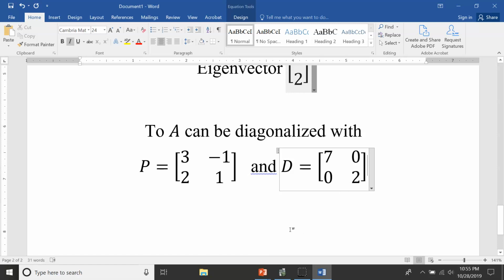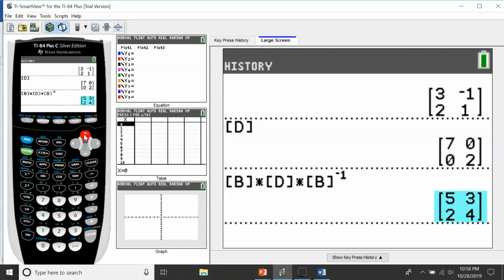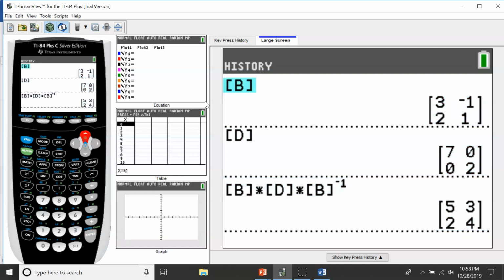All right, so there you go. By the way, you can check that this works just using your calculator. So let me plug that in. I've done that, and I have plugged these things in. I took my matrix B, and I plugged in 3, negative 1, 2, 1, just like we did.